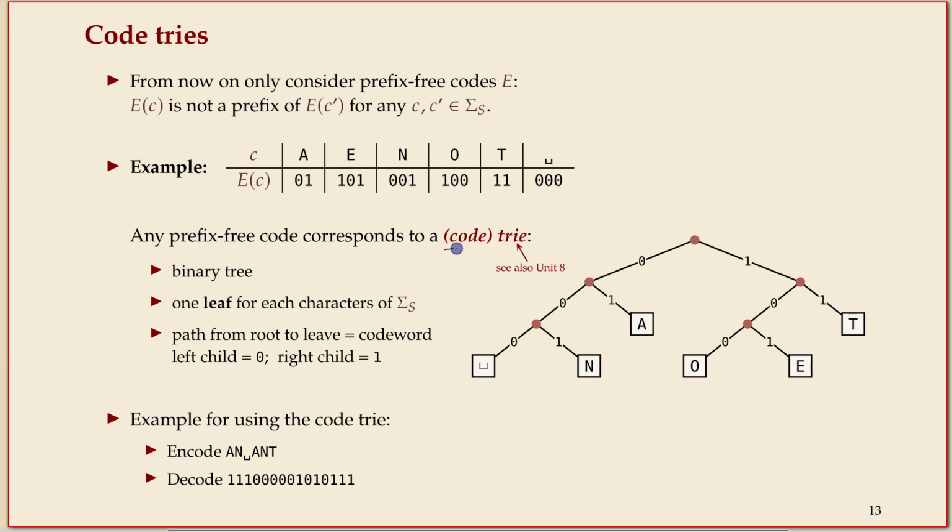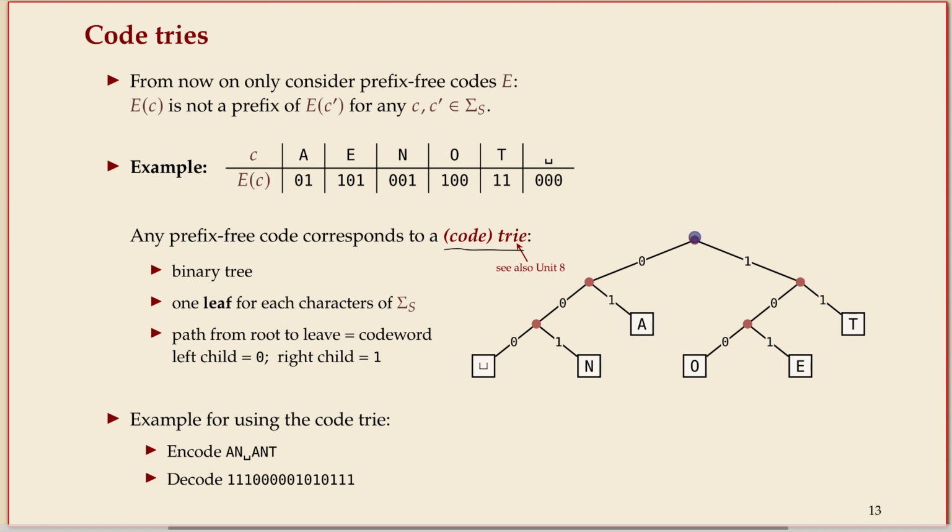Now, a trie is a data structure for storing strings that we'll come back to in much more detail in Unit 8. This was the only place where reordering the units caused something to be a forward reference that would have been a normal recall from the last unit otherwise. But I think it's fine. For this unit, just think of a trie like in this example.